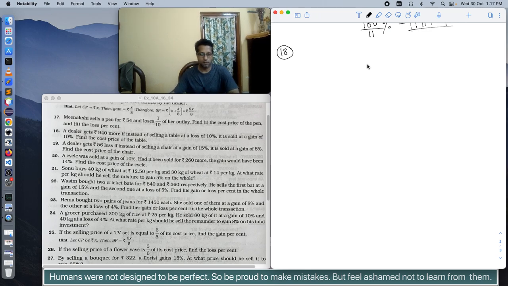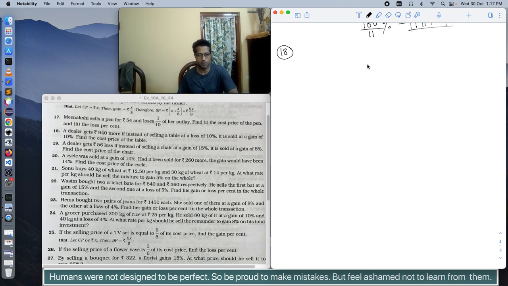Okay, so we have to find the selling price in the two cases. That is, once the table is sold at a loss of 10%, we will have some selling price, and if the same table is sold at a gain of 10%, we will have another selling price, and the difference of these two selling prices is given to be rupees 940.